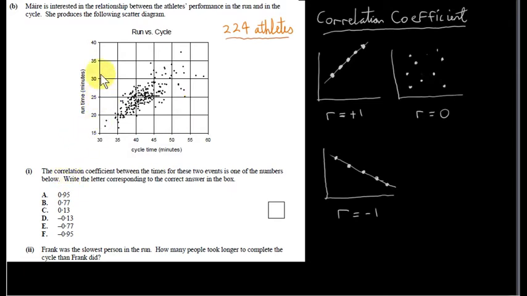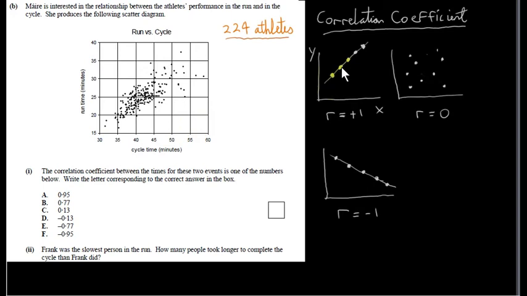Now we're interested in the correlation coefficient between the times for these two events. Just to remind you of what correlation coefficient means, it's a measure of the linear relationship between two variables. In this case, the variables are run time and cycle time.